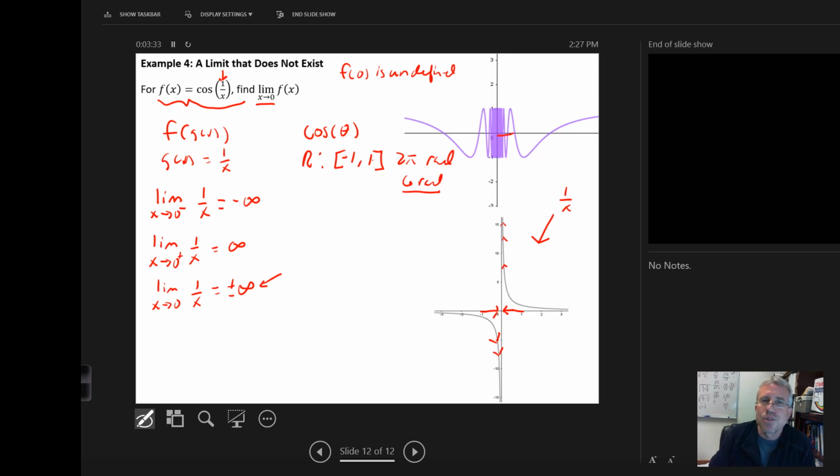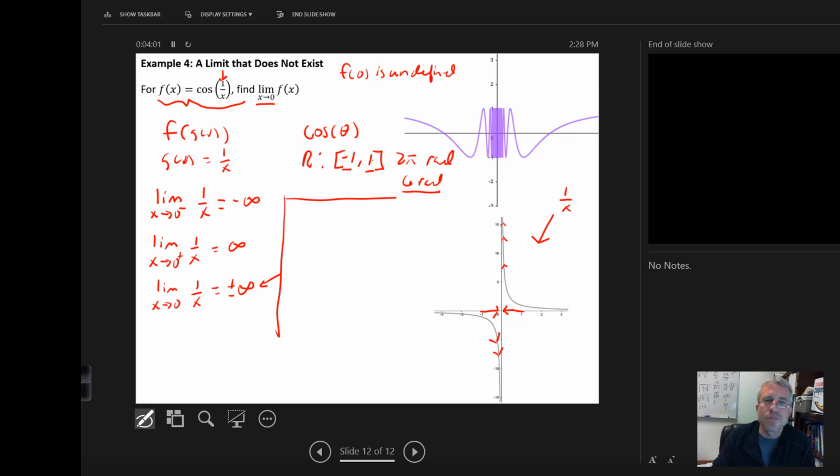As x goes to 0, because 1 over x is going to plus or minus infinity, the cosine of 1 over x is bouncing between -1 and 1 infinitely many times and at an increasingly rapid speed, which is why the software is having a hard time drawing the picture of it. It just looks like a solid block of blue graph right here.